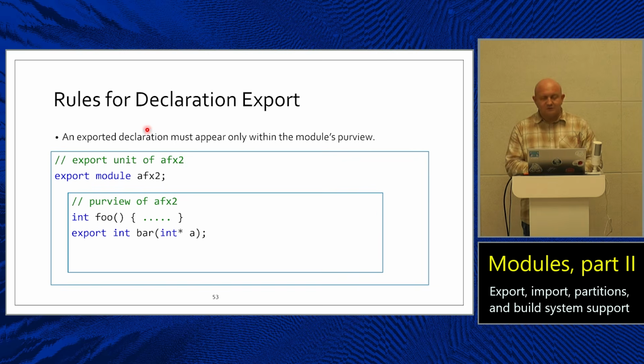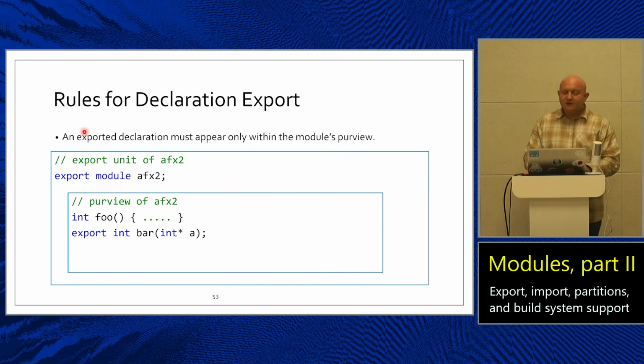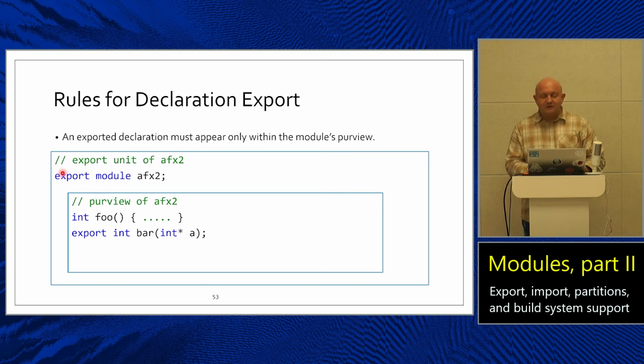First rule of declaration export is all export declarations must appear inside the module's purview. That means they can't be placed in the preamble, only in the main body of the module. When you open an exporting module unit, you start with its preamble where imports go, and then you move into the purview where the real content lives.